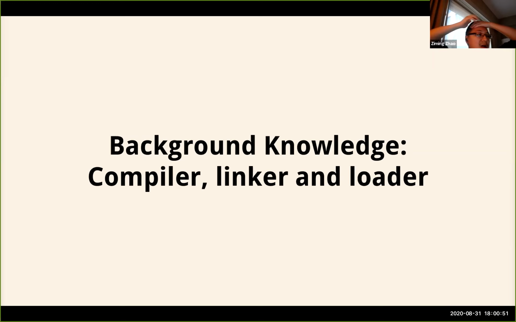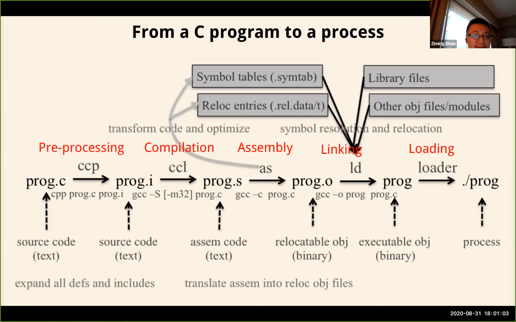Okay, so next we are going to move to the first piece of the background knowledge, compiler, linker, and loaders. So we will take a look how to compile a C program into a binary and run it on an operating system and also run it on top of the hardware.